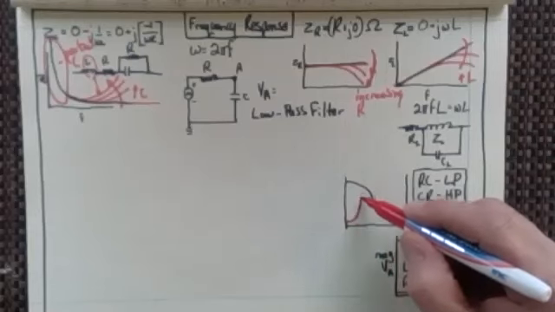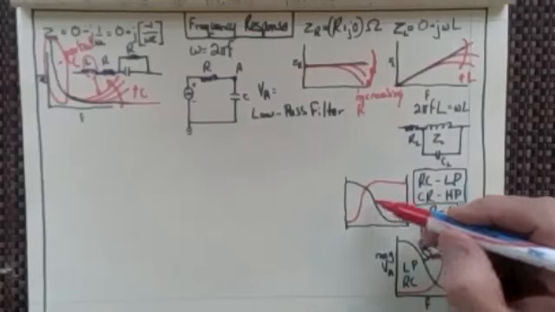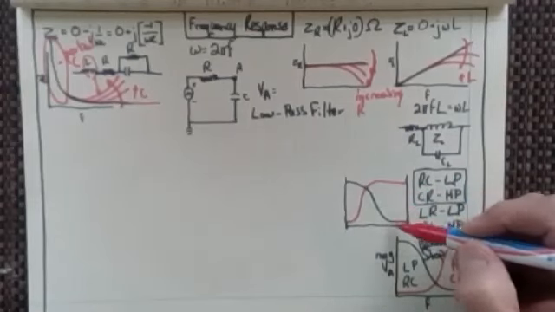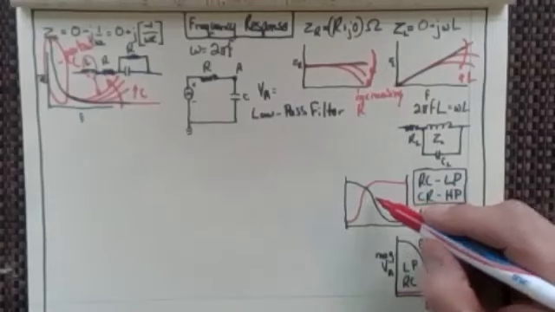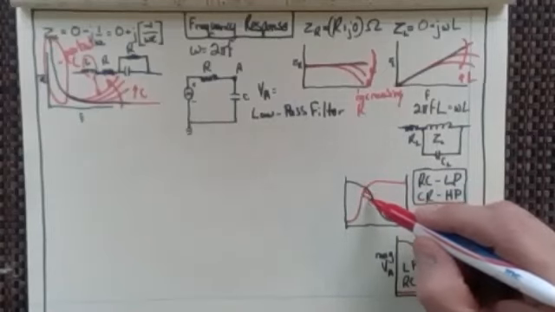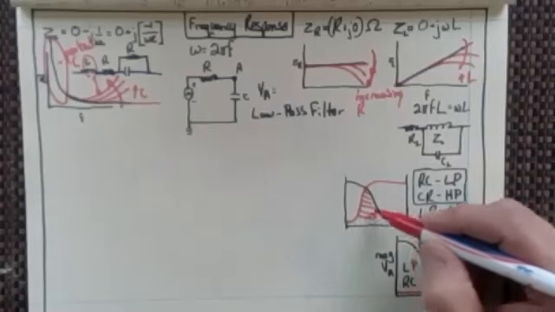I'll just have these overlap like this, right? This is going to let everything above there through, but we've already wiped out everything above there. So in this case where they overlap, only this is going to get through, right?